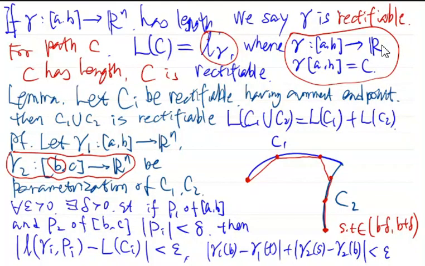The problem is that this sum has nothing to do with the corresponding partition of C1 and C2, because a partition of C1 and C2 must contain a point, the point B here. This is the point corresponding to B, that is also gamma 1 B and also gamma 2 B. Okay, we need to add this point.